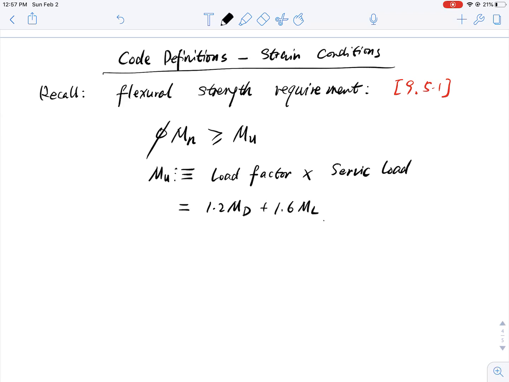Of course, Mn is the nominal moment strength, and phi is called the strength reduction factor.